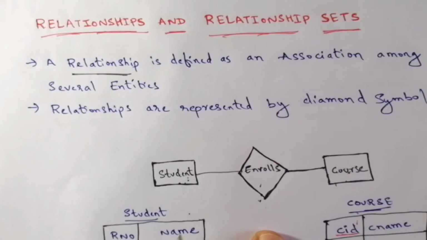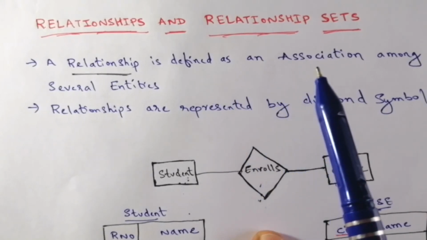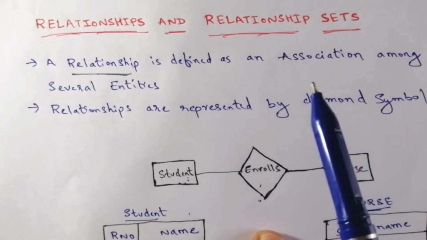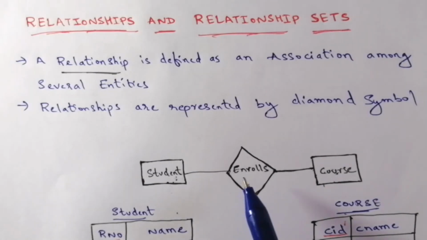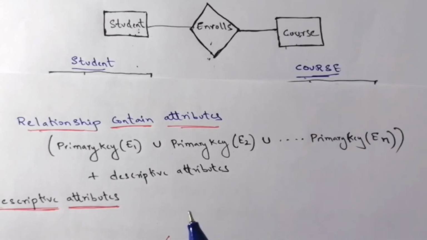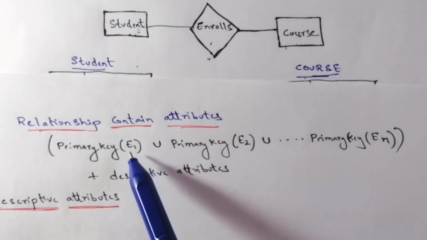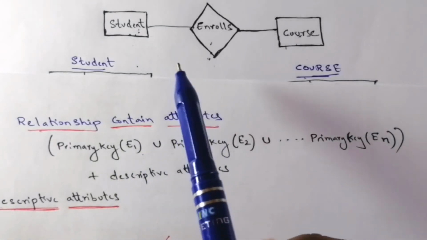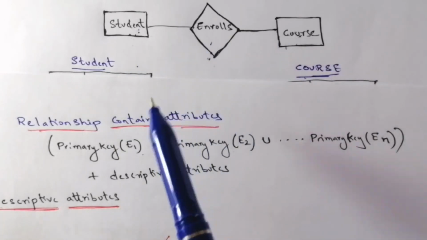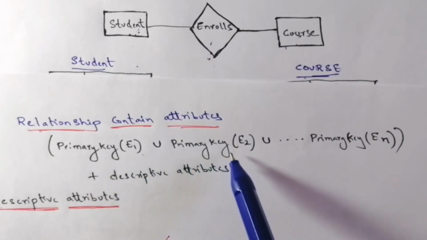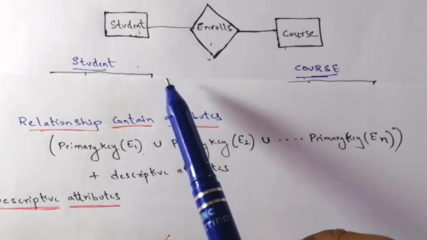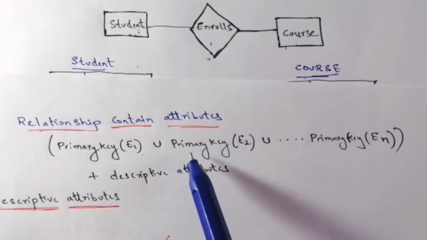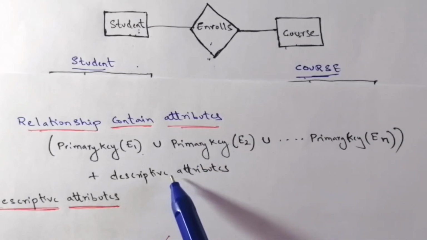So we have discussed the relationship and the relationship sets, and we have understood that the relationship contains attributes, and for these attributes we take the primary keys of the associated entities. That is, the primary key of E1 union the primary key of E2, and so on up to however many entities the relation is associated with. Those entities' primary keys we take, and also we take the descriptive attributes.